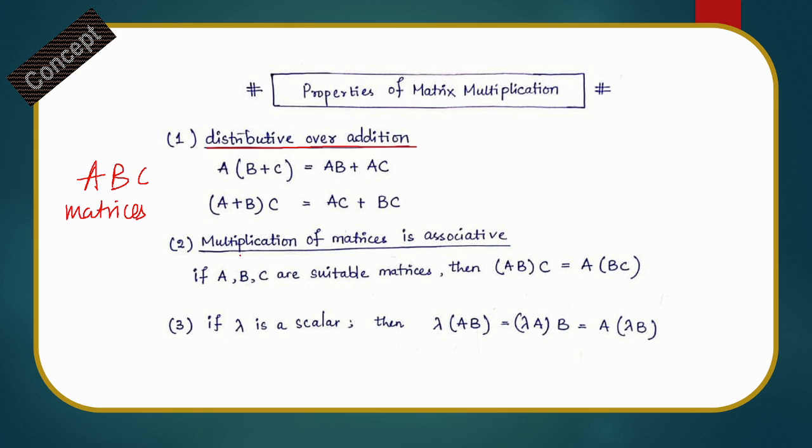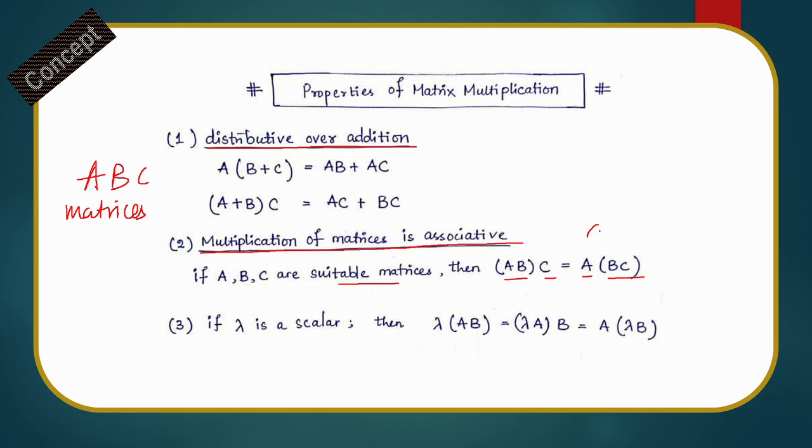Next property, multiplication of matrices is associative. How? If A, B, C are suitable matrices, meaning their orders are such that they can be multiplied with one another, then (AB) into C equal to A into (BC).